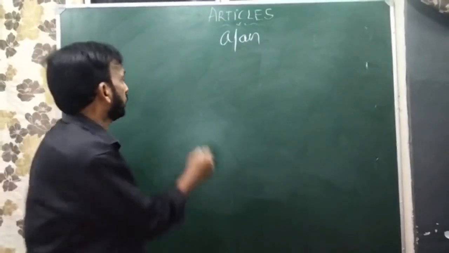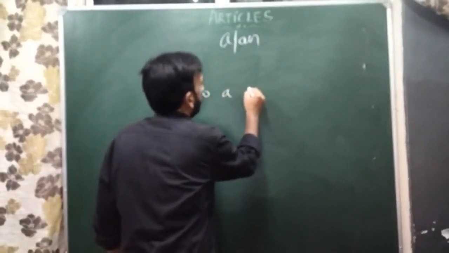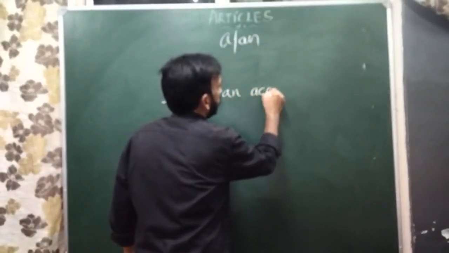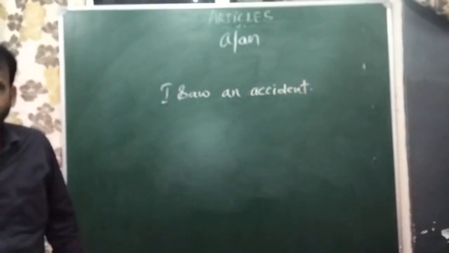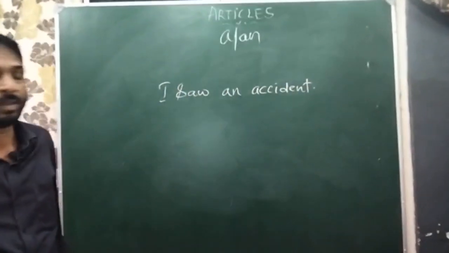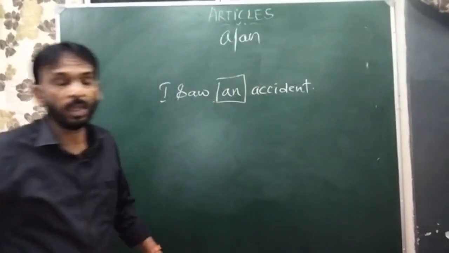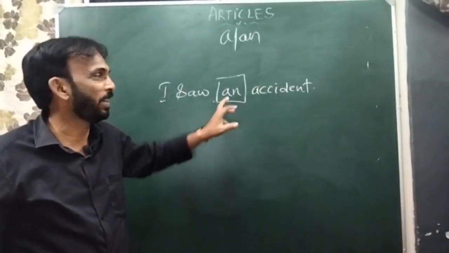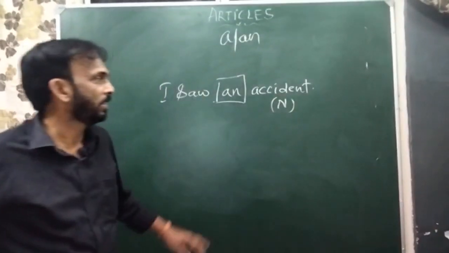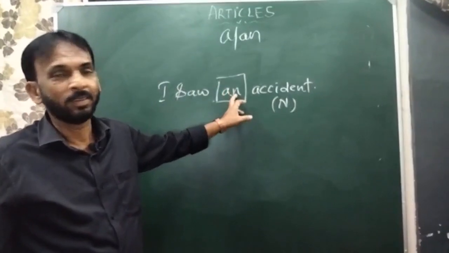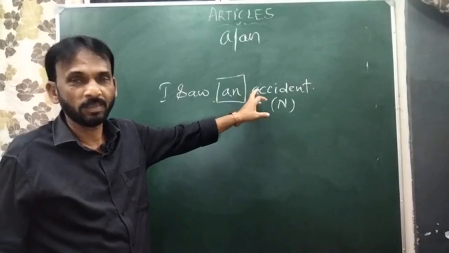For example, I saw an accident. I saw an accident. Here an is an article. Why do I use an article? An accident is a noun. I use an because the first letter is a vowel. Okay.